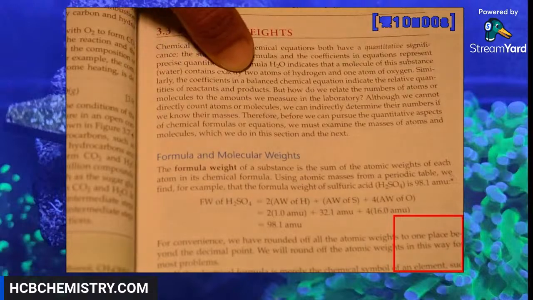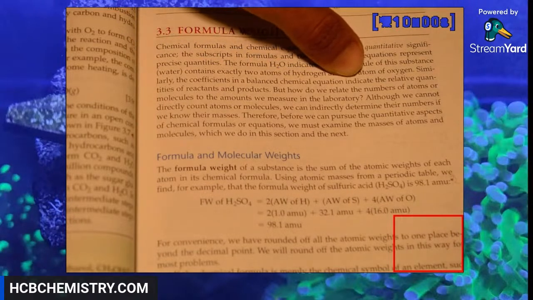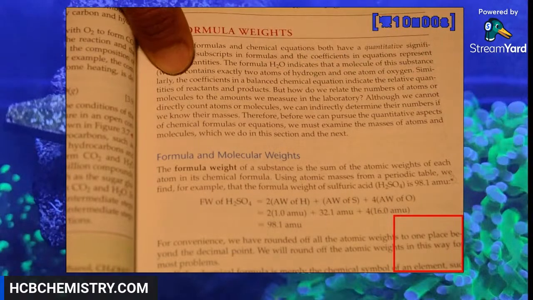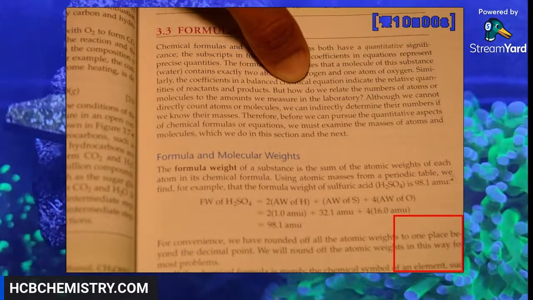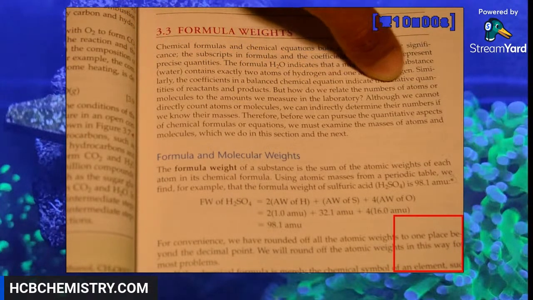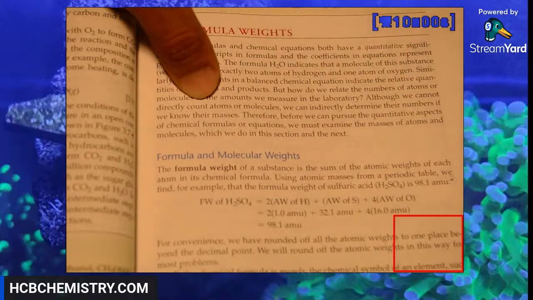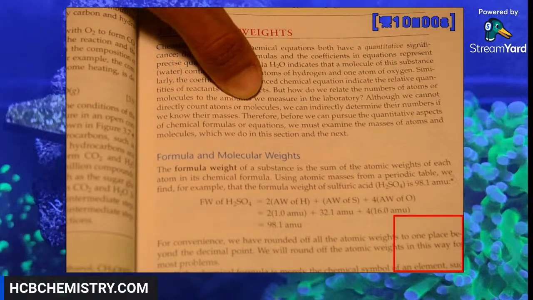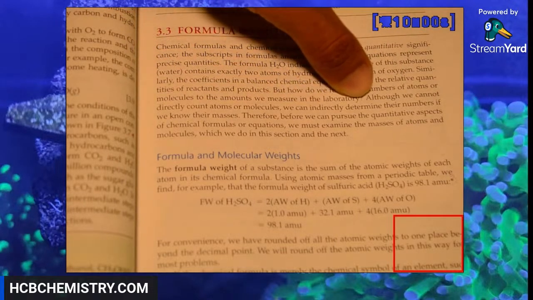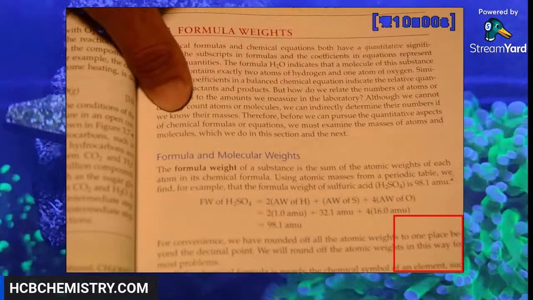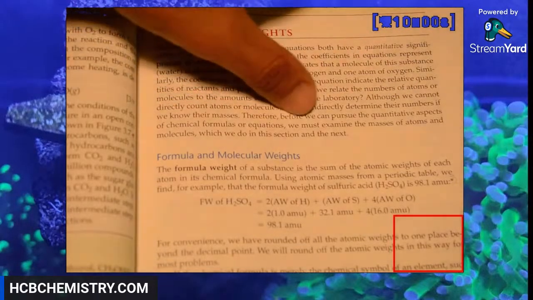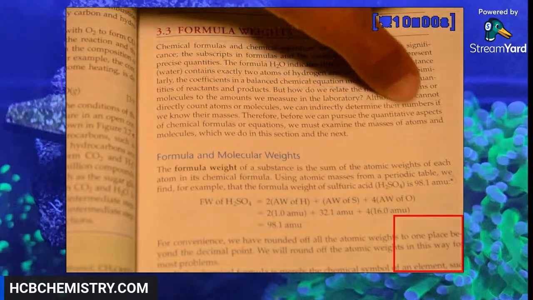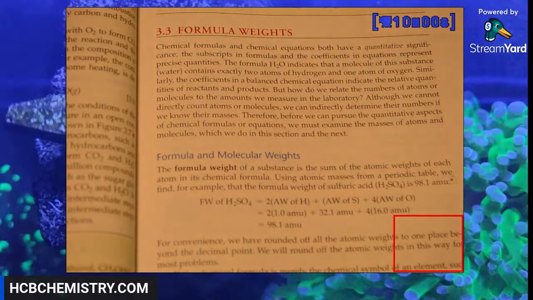Similarly, the coefficients in a balanced chemical equation indicate the relative quantities of reactants and products. But how do we relate the number of atoms directly to the masses of atoms and molecules? We can indirectly determine their numbers if we examine the masses of atoms and molecules, which we do in the next section.